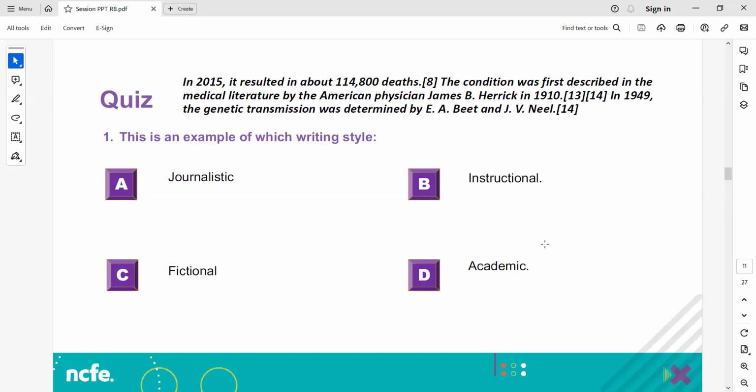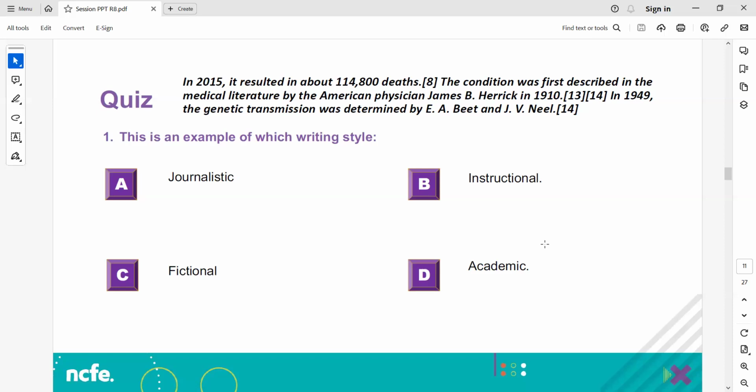In 1949, the genetic transmission was determined by E.A. Beet and J.B. Neel. So is that journalistic, instructional, fictional, or academic? It is academic.